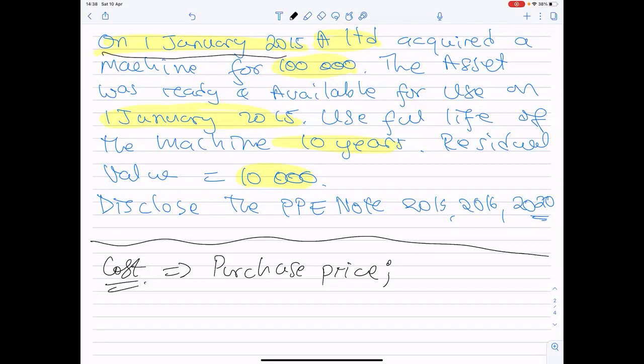But all taxes that the entity is going to pay to SARS, and those amounts are not refundable, will constitute the cost of the asset. Also, we can include any cost that is going to be incurred to bring the asset to its present location.